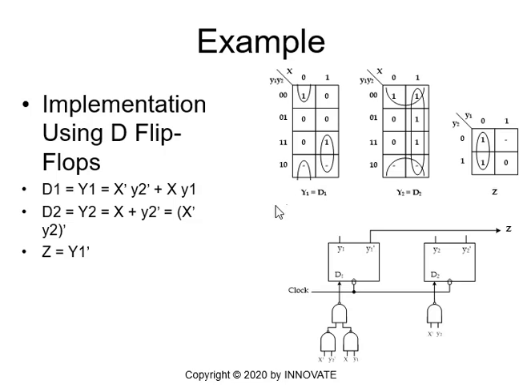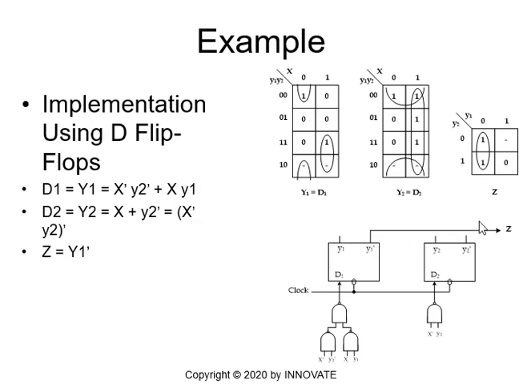So we can find the switching equations for D1, which is Y1, D2, and Z. D1 is X prime Y2 prime from the K-map, or X Y1. And D2 is X or Y2 prime, or it is X prime Y2 prime, all prime, to implement with all NAND gates. And Z simply comes out from Y1 prime.